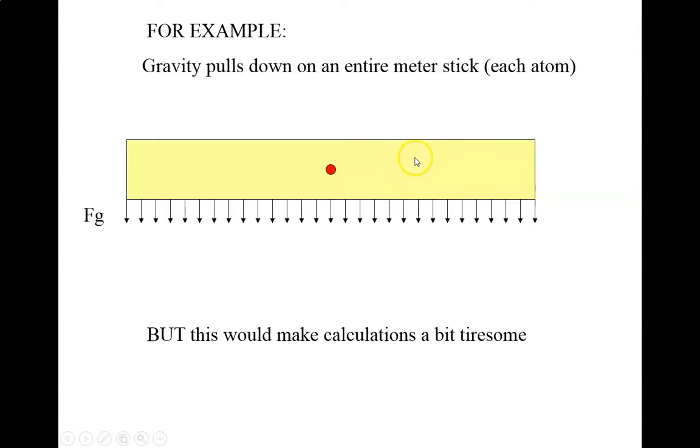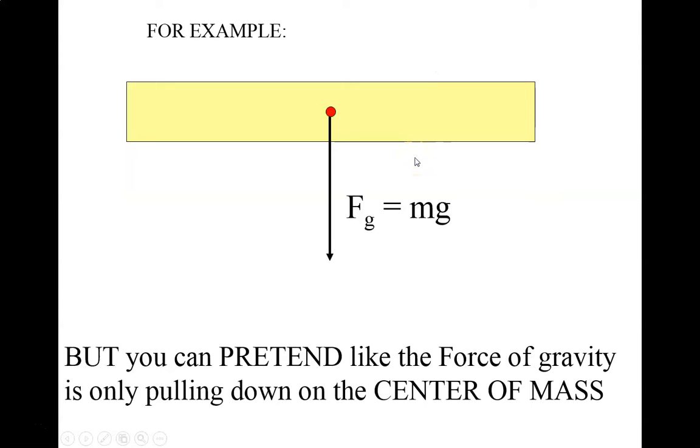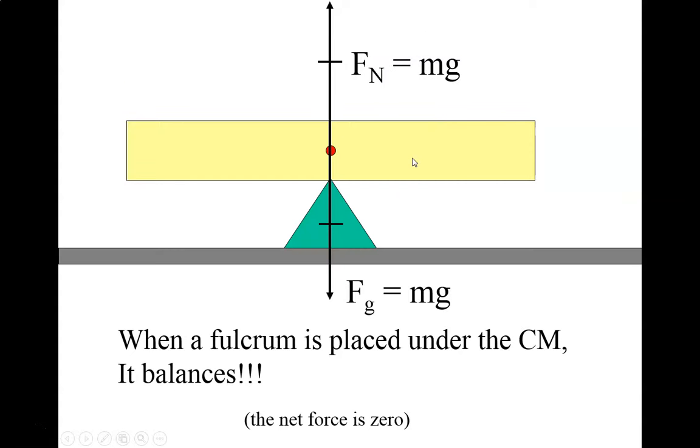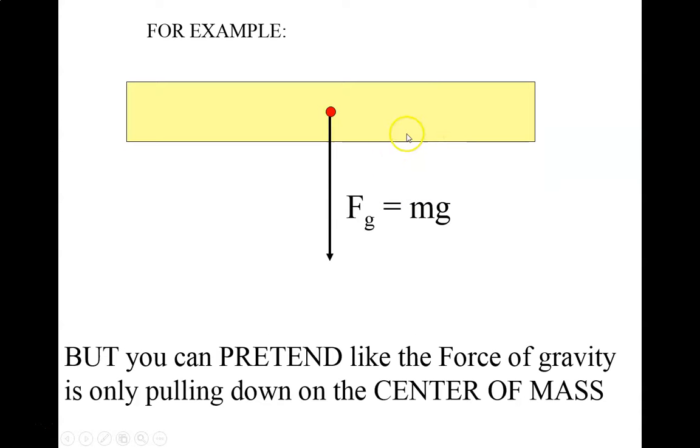I want to consider the object as a whole, and what you can do is you can pretend that all of the weight of the object is acting at the center of mass. Technically it's called the center of gravity, but center of gravity and center of mass we'll use pretty much interchangeably. You can pretend like the entire weight of an object is at the center of gravity, which we're always just going to place in the middle of an object when we do math with problems.